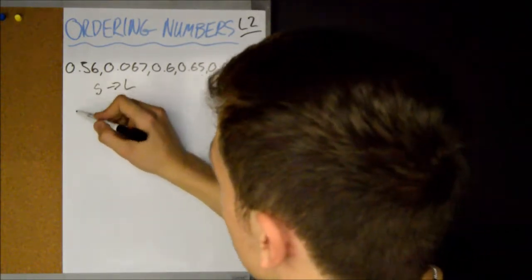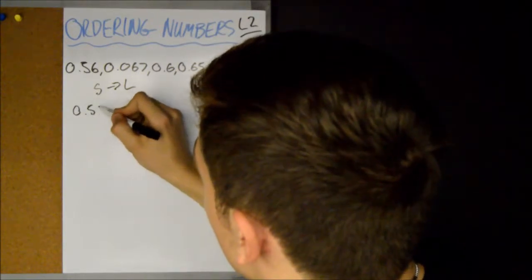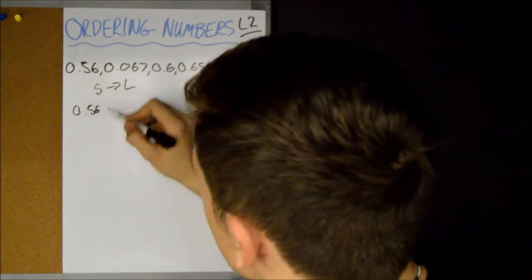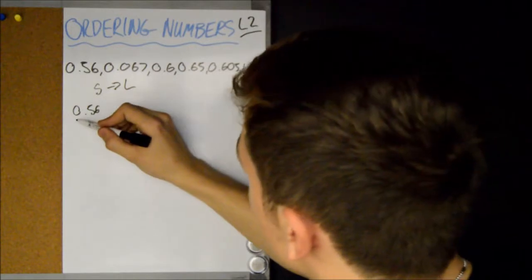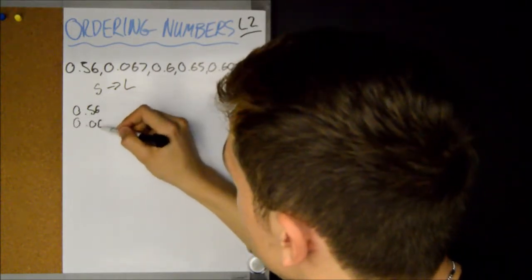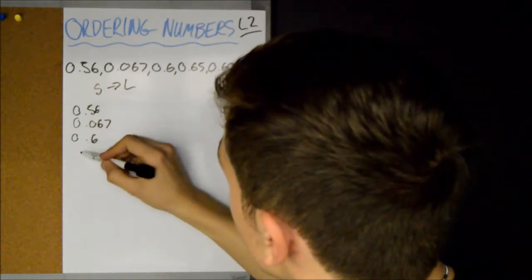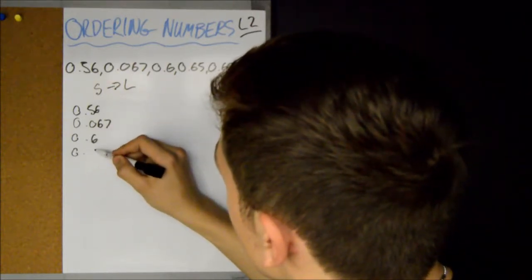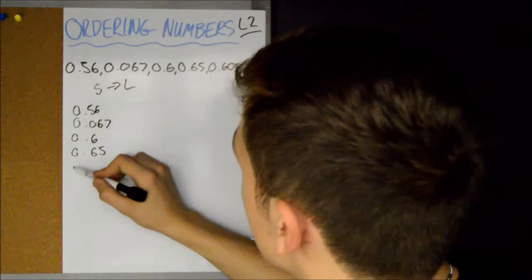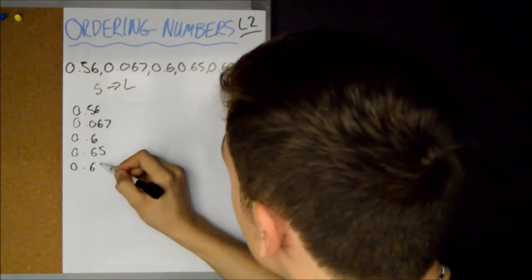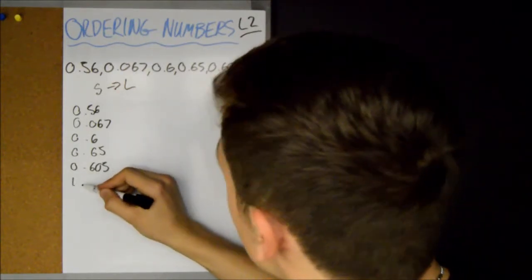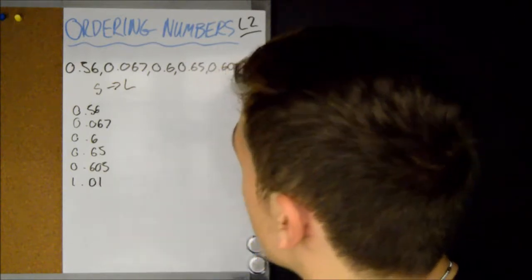What we're going to do is write out all our numbers beneath each other. So 0.067, 0.6, 0.65, 0.605 and 1.01.